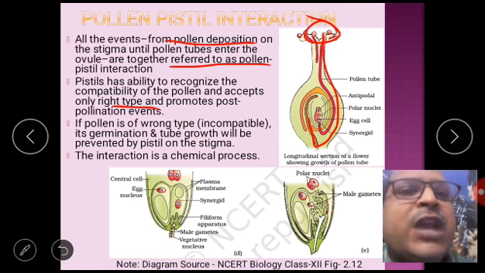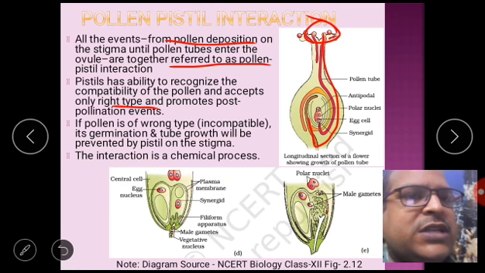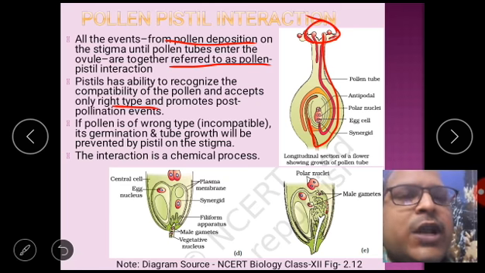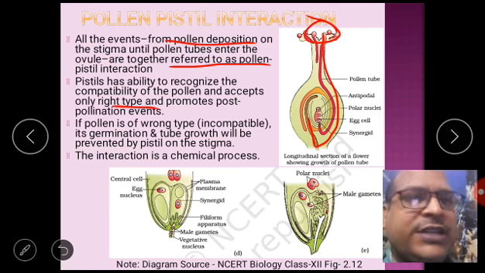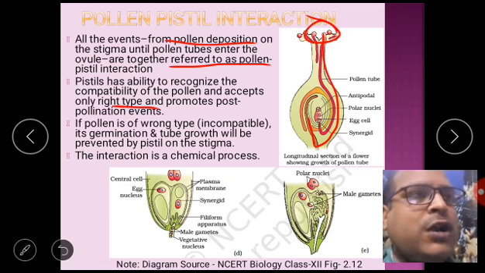Actually, suppose there is a rice plant and wheat pollen falls on the stigma of it, or suppose wheat pollen falls on the stigma of wheat, then what will happen? On wheat, this pistil will reject it.